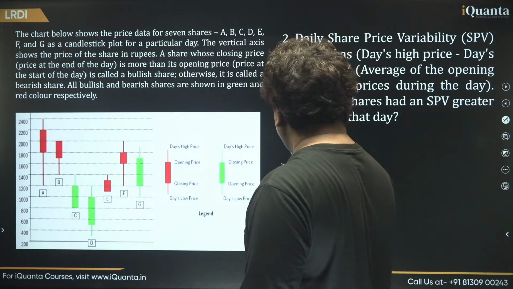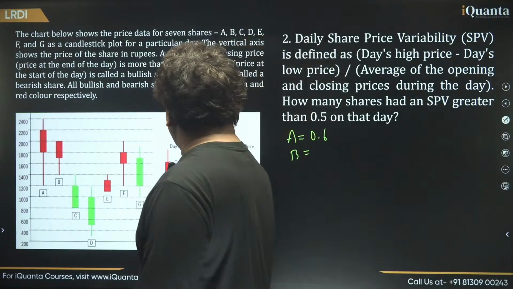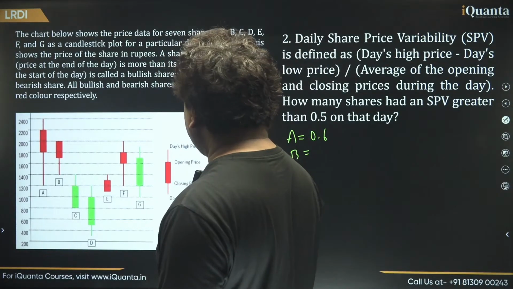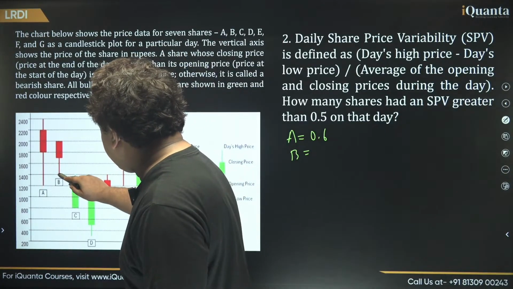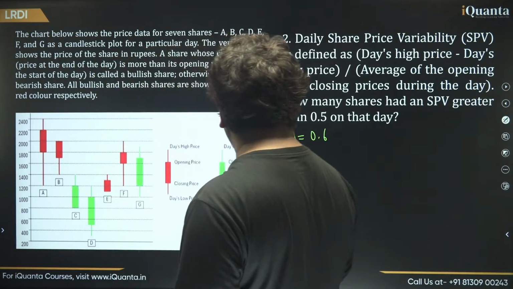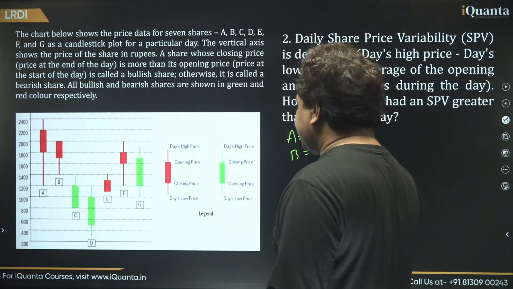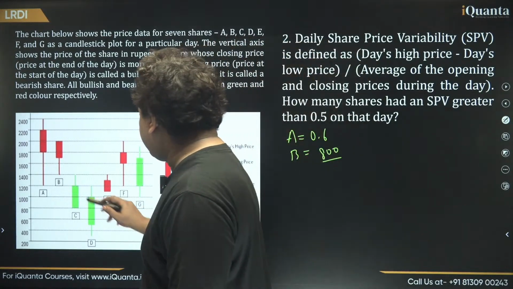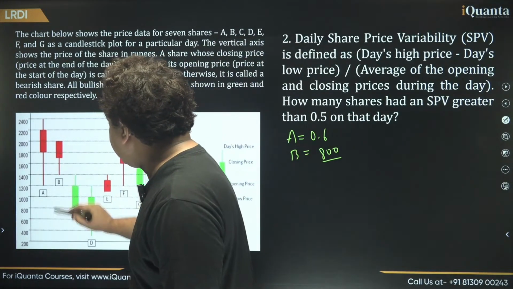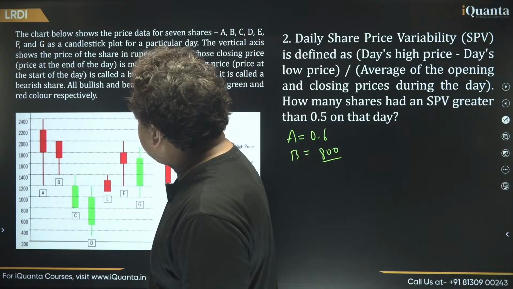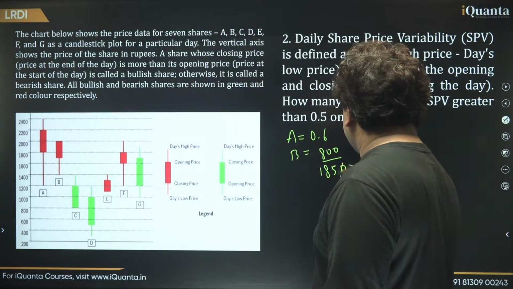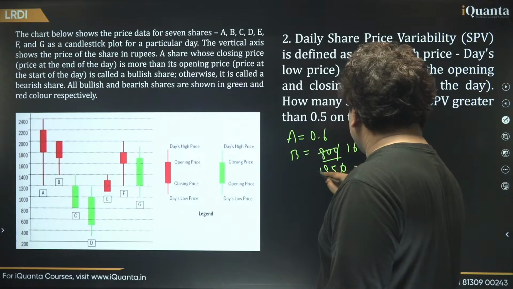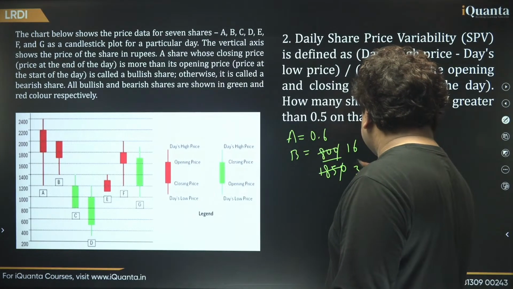For share B, it must be how much? Oh, high minus low, 2000 minus 1200 is 800. 800 divided by its average. Average will be 1700, 1850. ये हो जाएगा. इसका वैल्यू कितना है? 5 16s are 80, 5 3s are 15, 5 16 by 37.